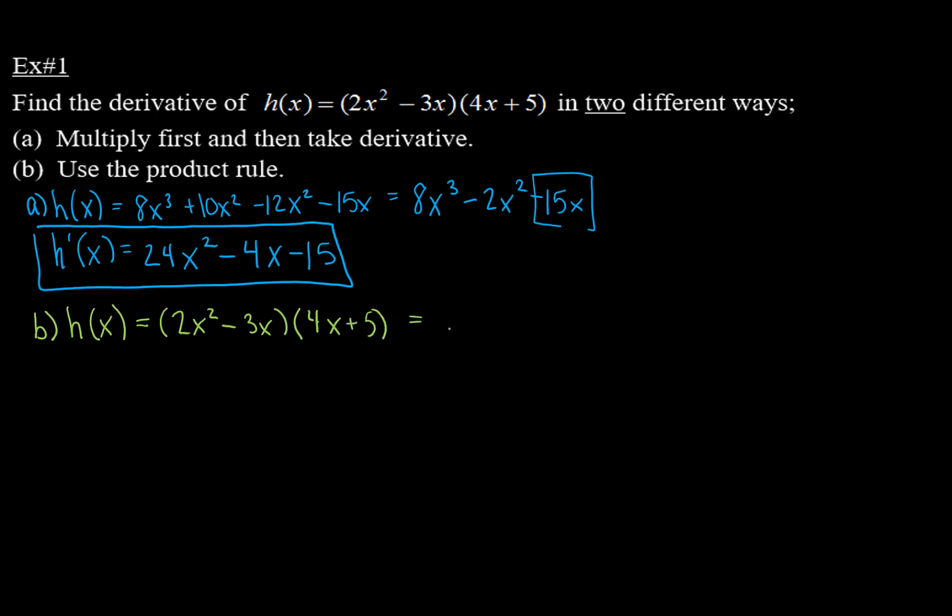So think of this as f times g, where the first one is f and the second one is g. If I want to find the derivative of h, I need to do the first times the derivative of the second plus the derivative of the first times the second.